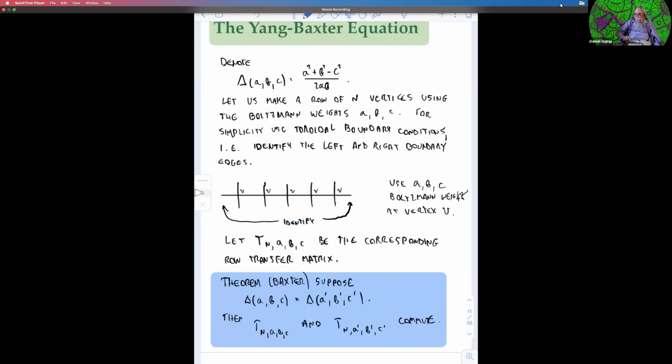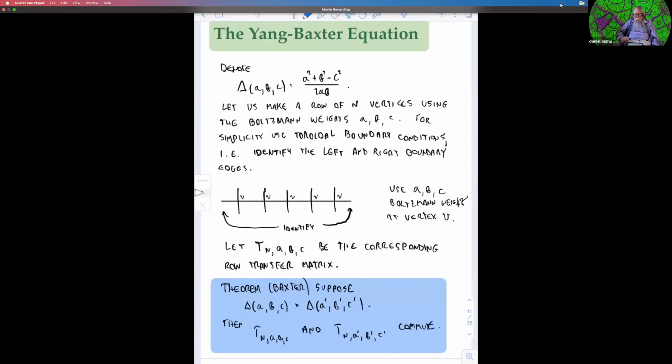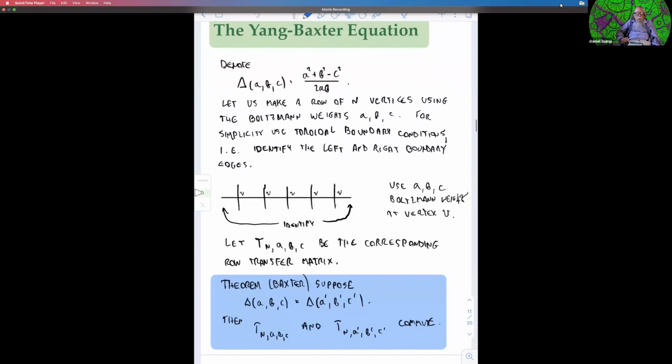The way that he did it is sort of the archetype for everything, you know, representations of Hecke algebras and proving that things are symmetric functions. This is the proof I want to explain. So I have these vertices, and I'm going to have these rows of ice, and then there's a relationship which is called the Yang-Baxter equation.